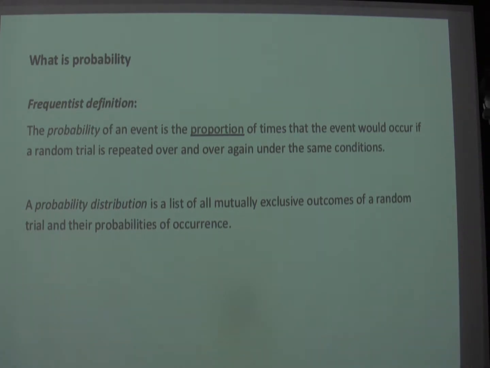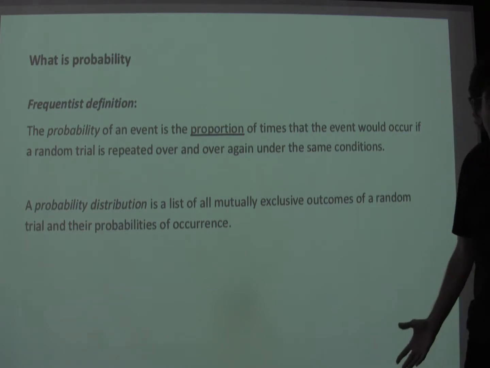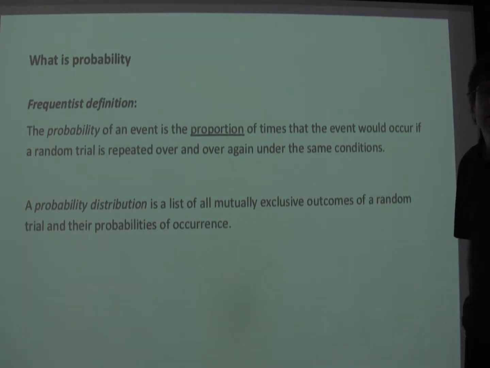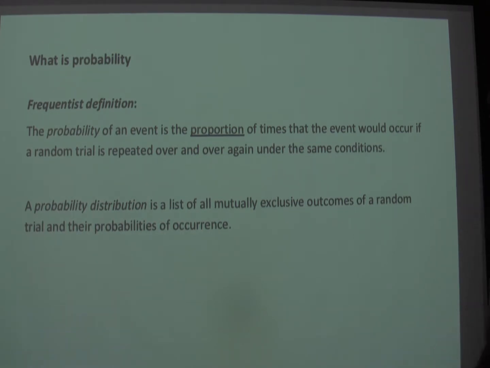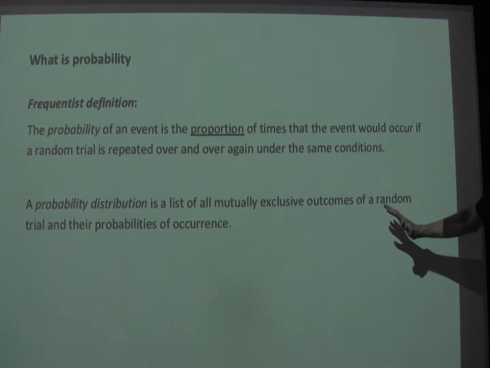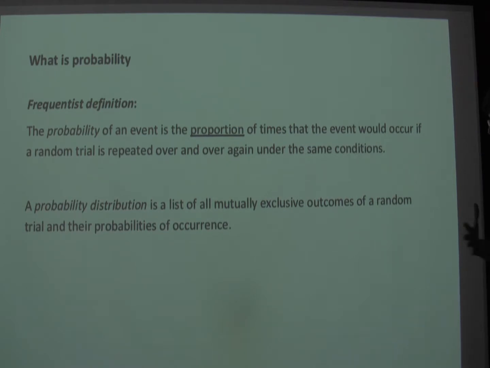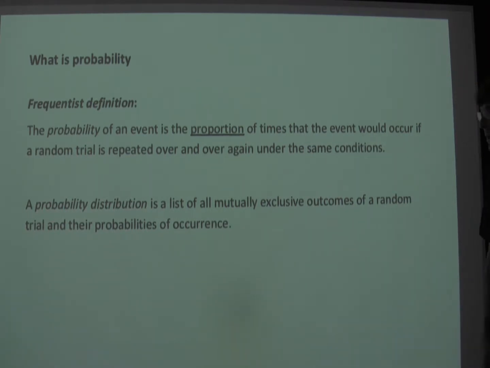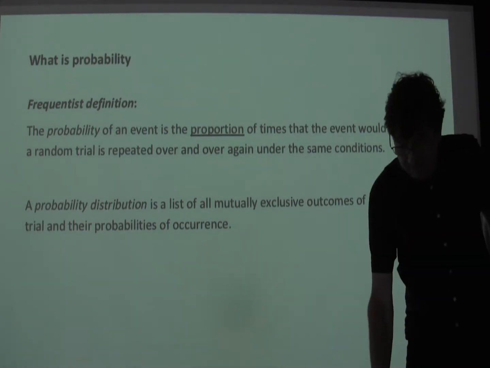So if the same random trial were repeated over and over again under the same circumstances, the probability of an event is the long-run proportion of times that a particular event will occur. And a probability distribution is a list of all of the mutually exclusive outcomes that are possible from a random trial and their probabilities of occurrence.